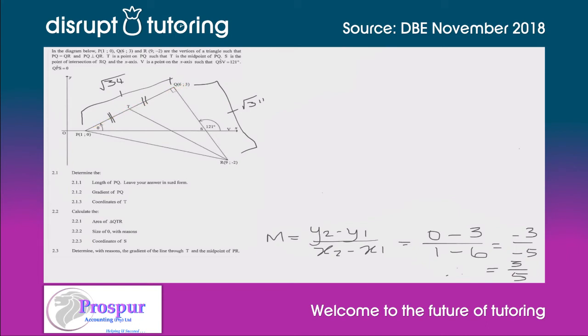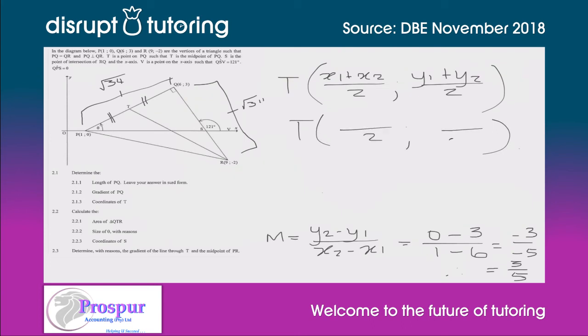Okay, what I like to do is I go straight into it. So I'll say the coordinates of T, and then I've got (x1 plus x2) over 2, (y1 plus y2) over 2. Right, so we're going to use our coordinates again. So we're going to have open up over 2, over 2.